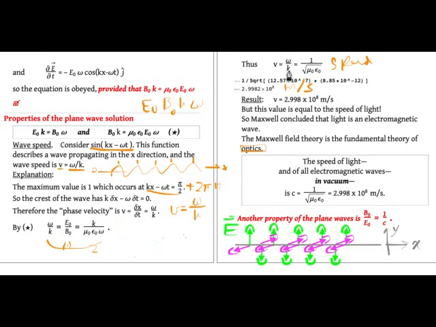Now, at the time of Maxwell, radio waves were not known. Radio waves were developed later, after Maxwell had already died, by Heinrich Hertz. And Maxwell didn't know anything about X-rays. X-rays were discovered later than Maxwell.